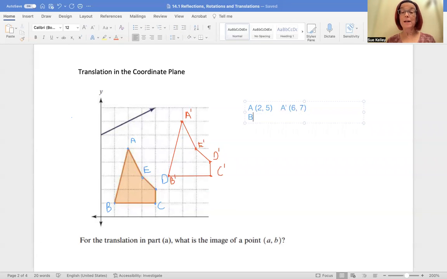Let's see if we can find a pattern. So let's look at a couple more of these. So here is B at 1, comma 1, and B prime is at 1, 2, 3, 4, 5, 1, 2, 3, so 5, 3.